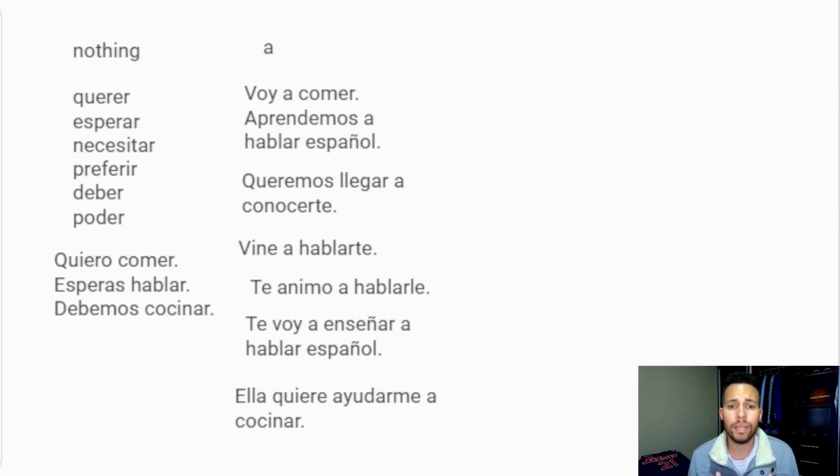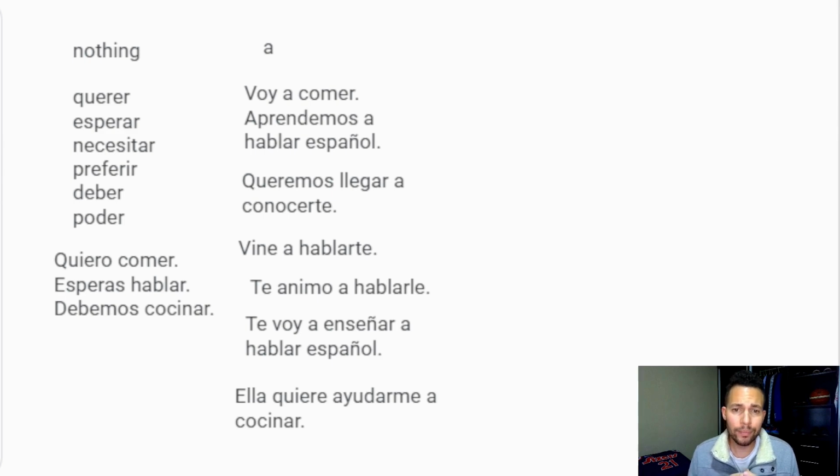And even with voy a comer, voy a is normally associated with a physical motion, like voy a la tienda. Those are kind of physical motion words, to go, to come, right? Even though voy a comer, the idea I'm going to eat, it's not so physical, kind of maybe getting into the figurative idea of what we're talking about.